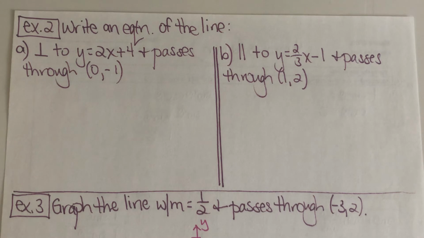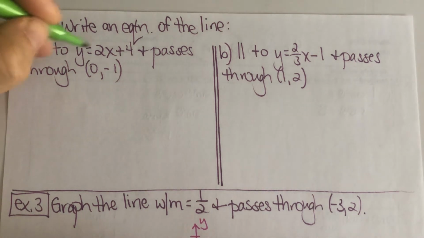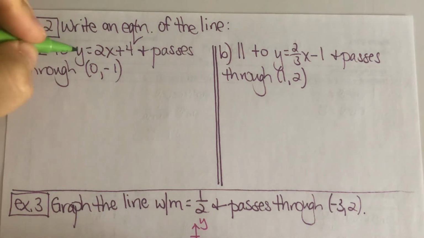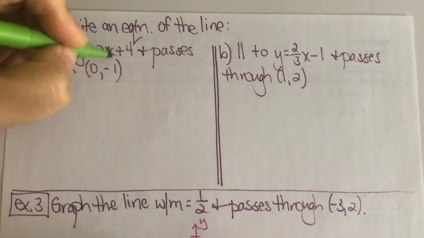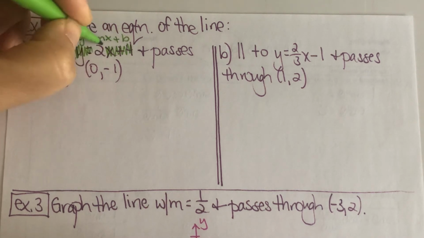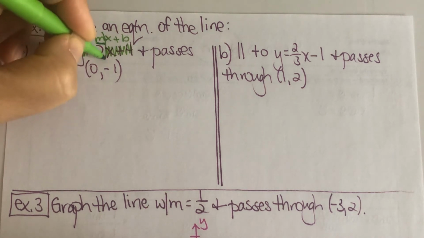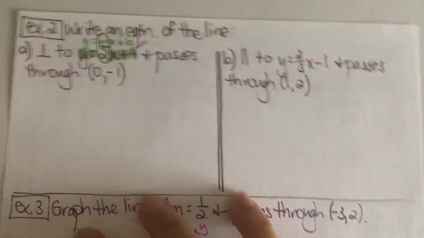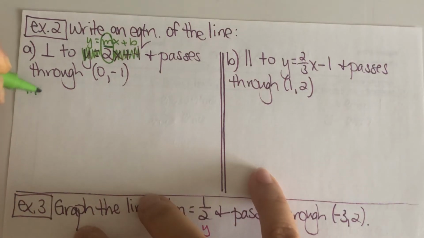Okay, so what I meant by the whole slope thing is, when they tell me it's perpendicular to this line here, I literally want you to ignore everything except the slope. We only care about the slope, and the slope is 2. So the slope of my original line is 2.